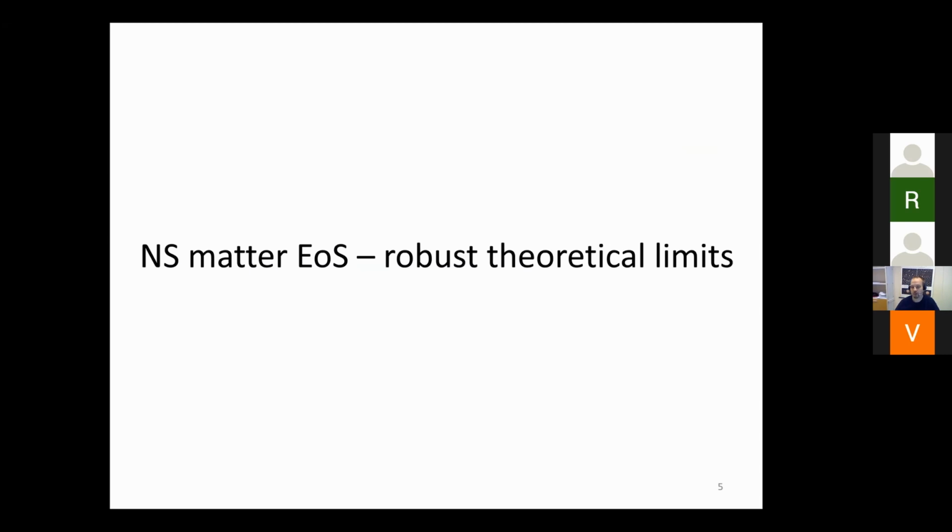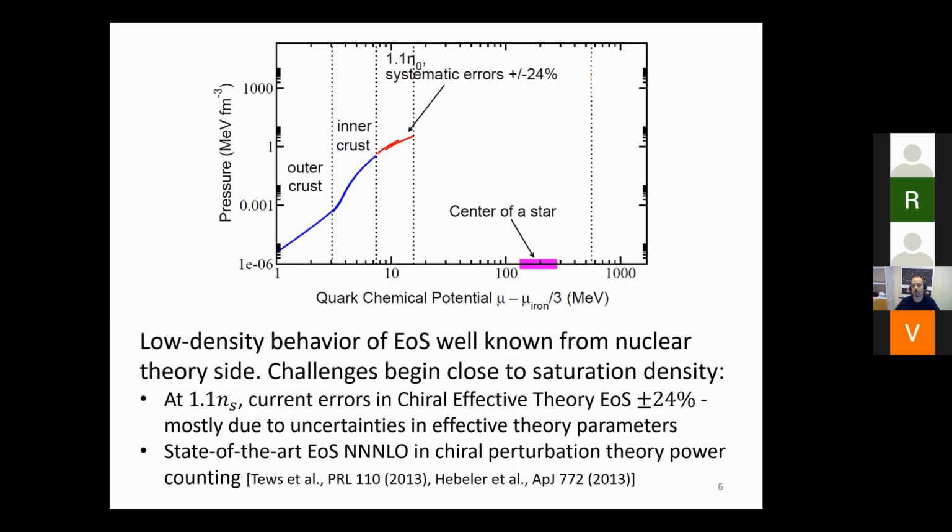But to get to answering at least partially this question, let us start from what we robustly know from purely theoretical tools. So what do we know about the neutron-star-matter equation of state? What I think is accepted by more or less everyone is that the low density side of the equation of state is by now rather accurately known. On one hand, from things like potential models that are very tightly constrained, and on the other hand, from the impressive use of effective field theory methods in nuclear theory, in particular the chiral effective theory.